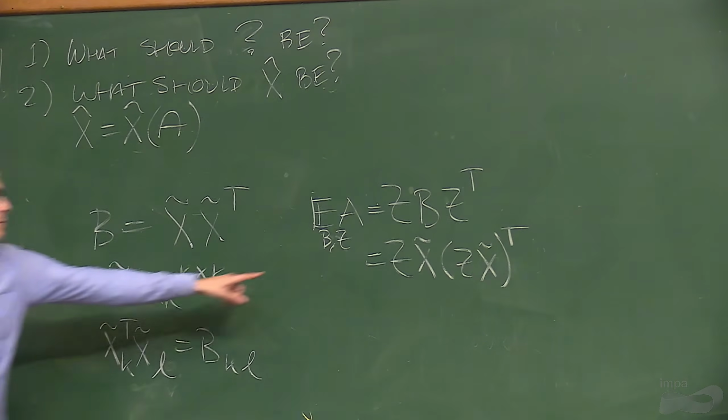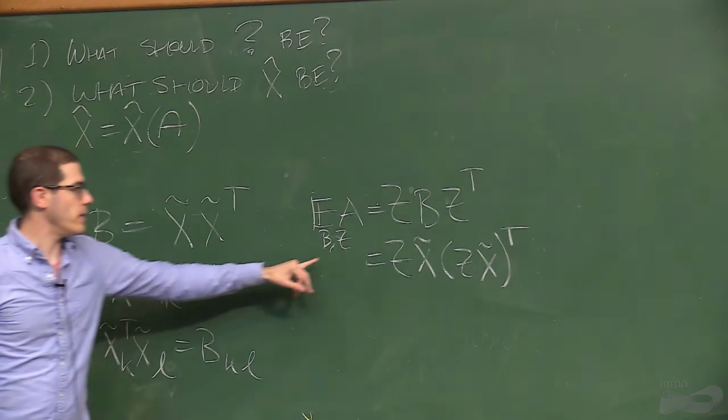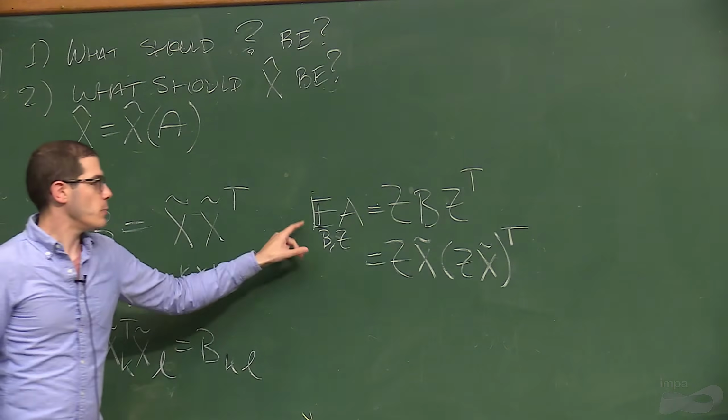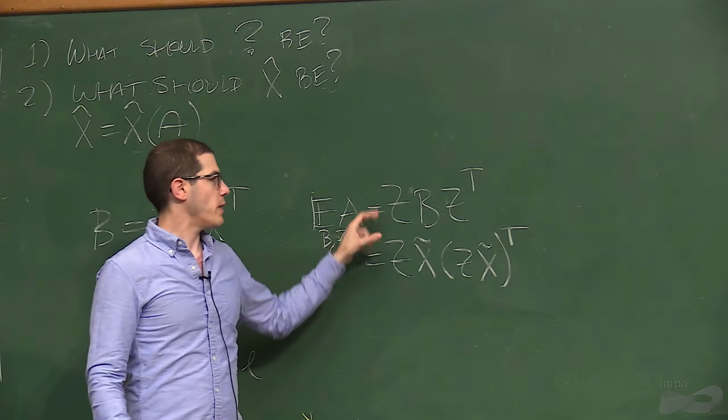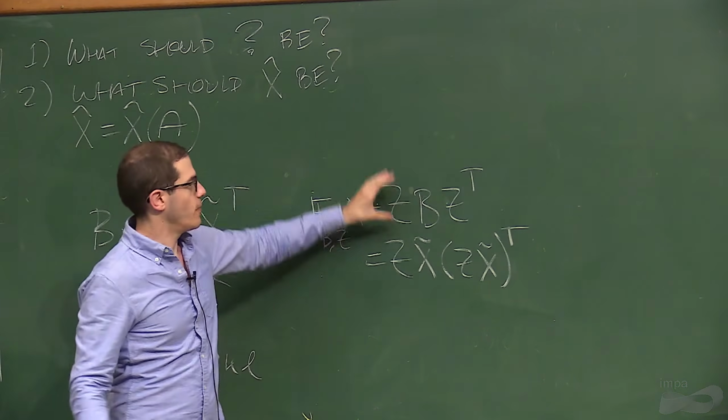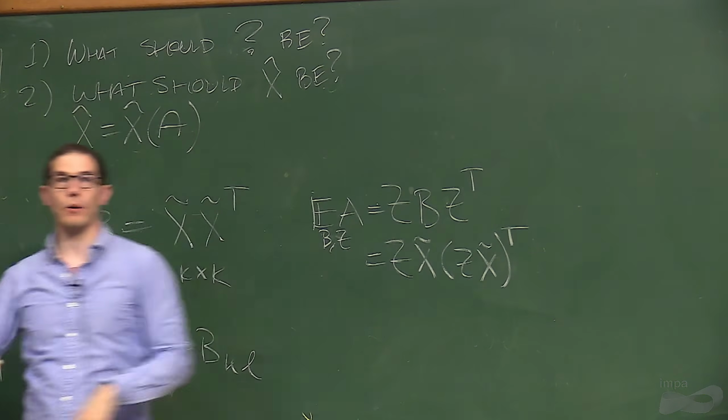As a refresher, we encoded the community memberships of the vertices in one-hot encodings, the rows of Z. So when my data actually comes from a stochastic block model, the expected value of A will have this nice block structure once we reorder the vertices so that the first community is first, the second community is second, and so on.